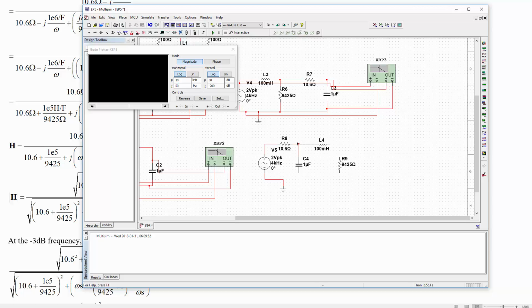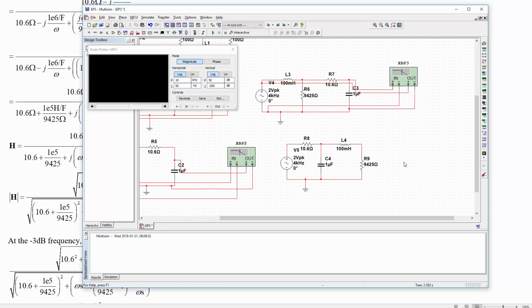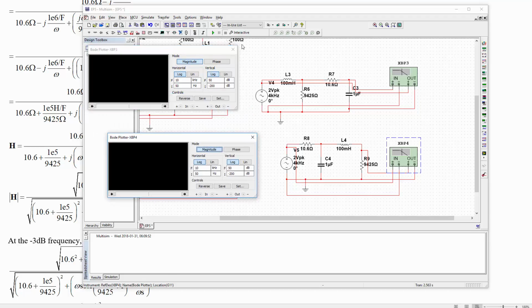So there we go. Now it's a cascaded RC and RL low pass filter. So we'll hook up our input and output, and see what we get.